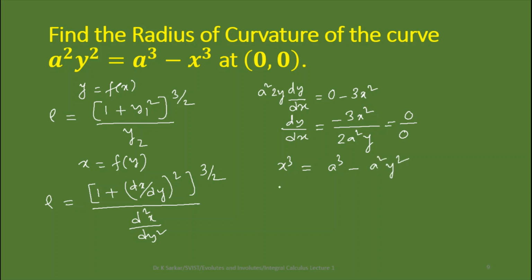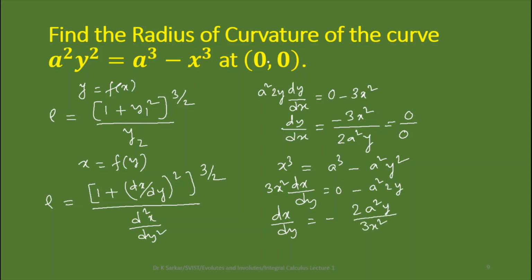Now differentiate it with respect to y. So 3x square dx/dy equals 0 minus a square 2y. So dx/dy is minus 2a square y by 3x square.